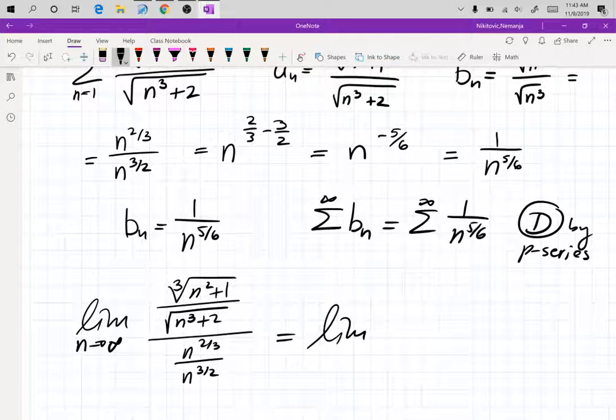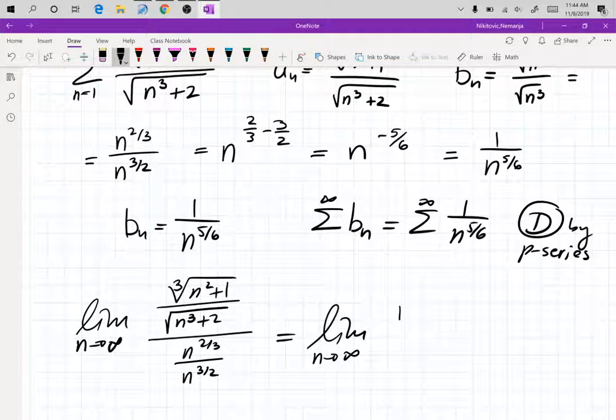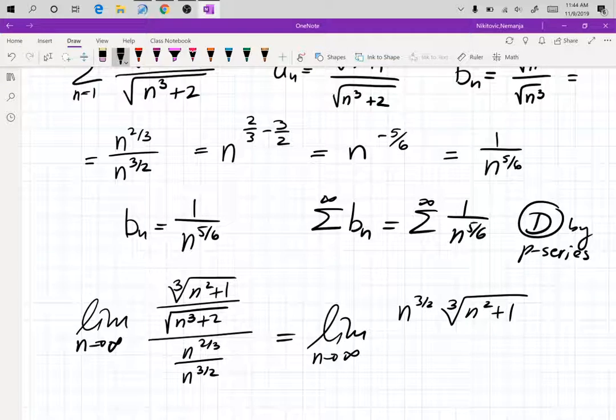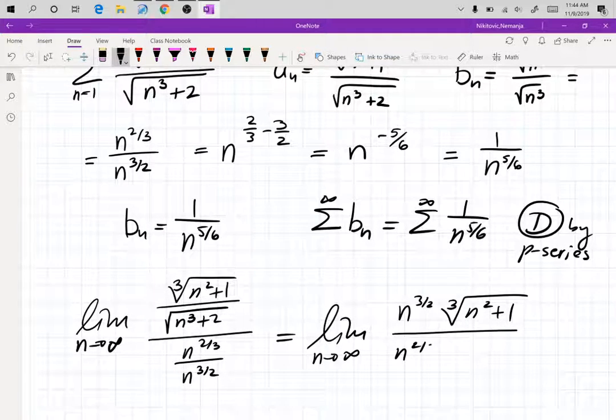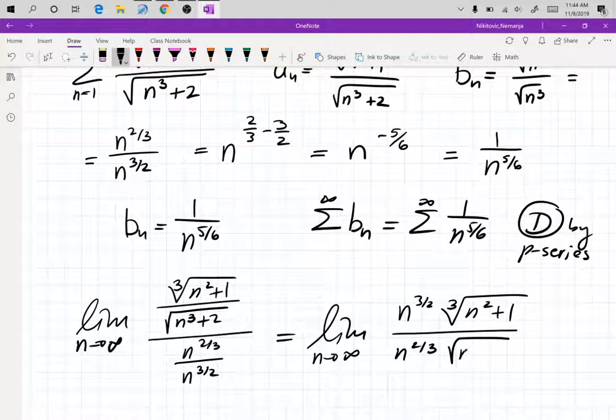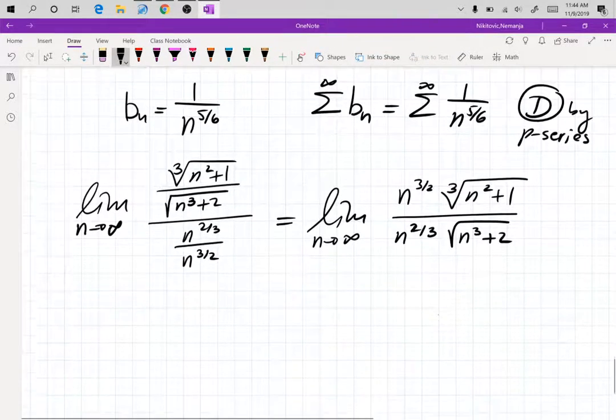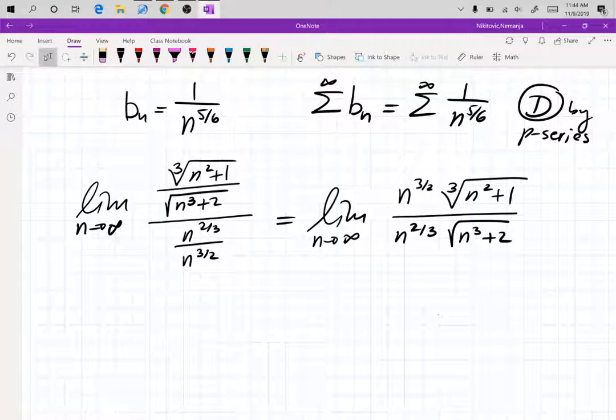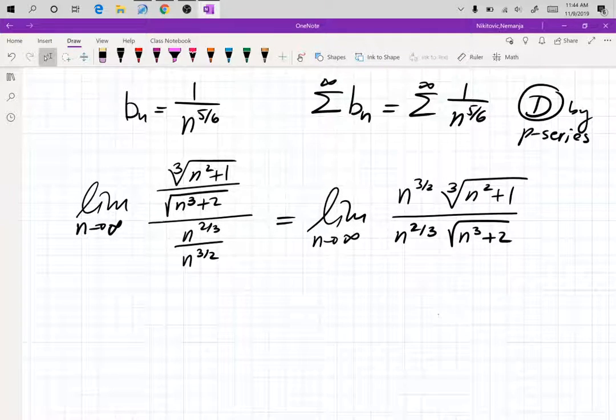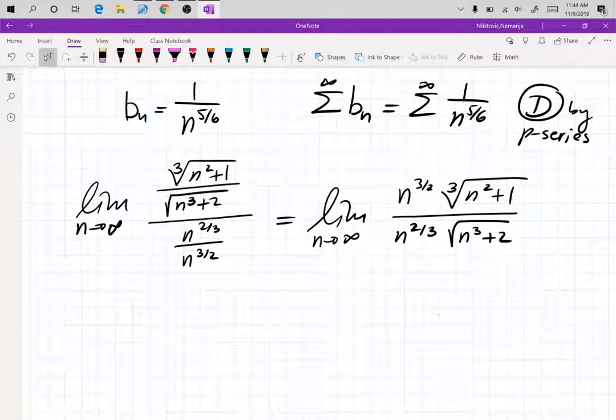So it's going to be the limit as n goes to infinity of n to the 3/2 times the cube root of n squared plus 1 divided by n to the 2/3 times the square root of n cubed plus 2. Awesome. So this is what I have, and now I just need to take the limit.